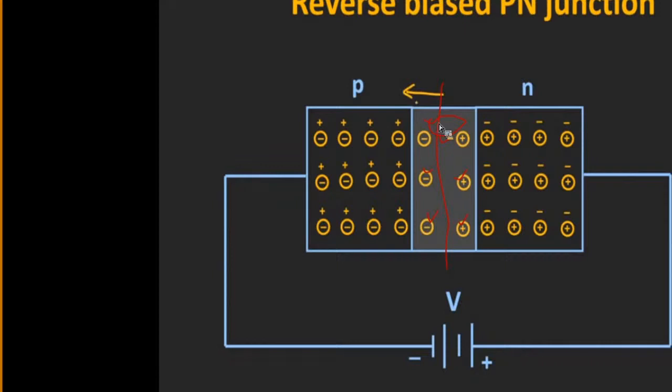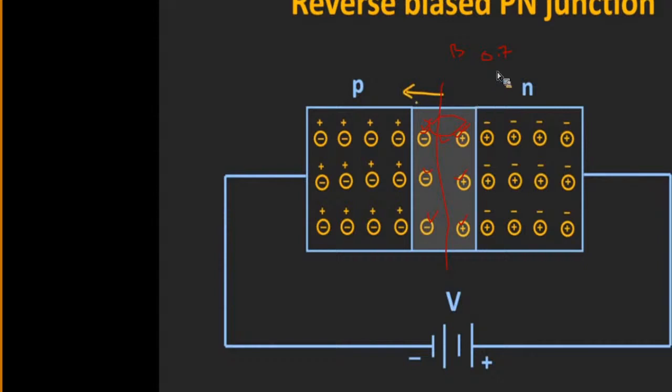That means there are no charge carriers in this region. It becomes depleted of carriers. Carriers are depleted here, leaving the immobile ions. Due to that, an electric field is developed, which we call the barrier potential. Generally, the barrier potential is 0.7 V for silicon and 0.3 V for germanium. In the depletion region, only immovable ions are there.